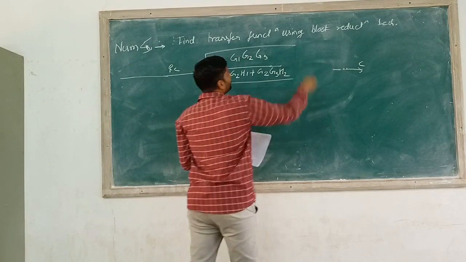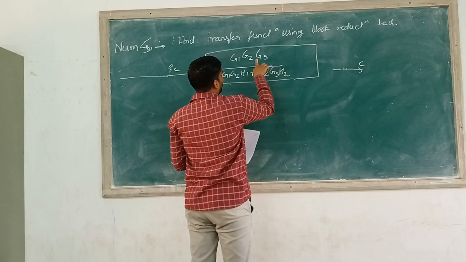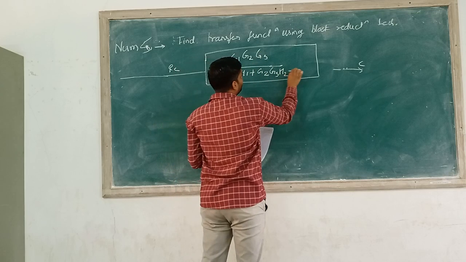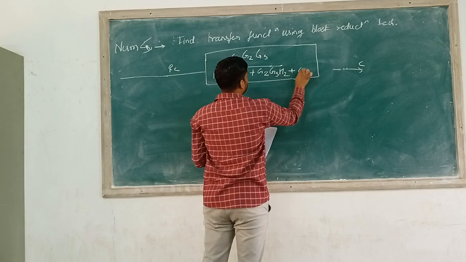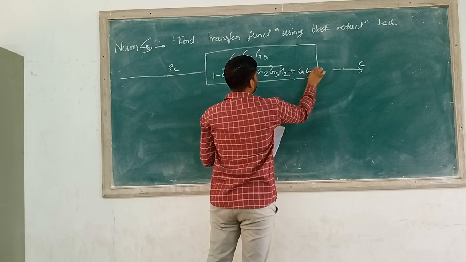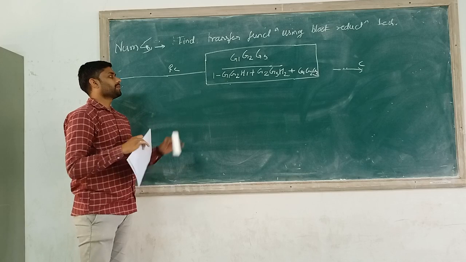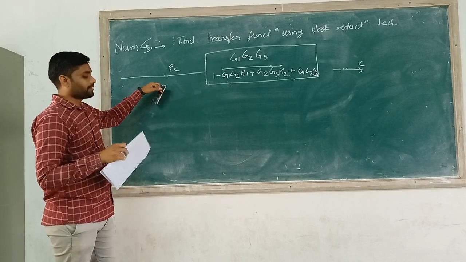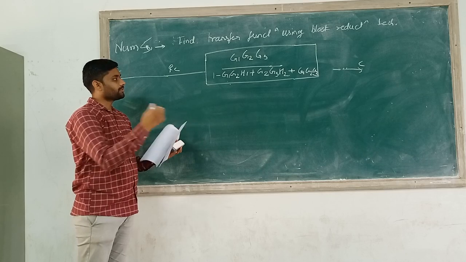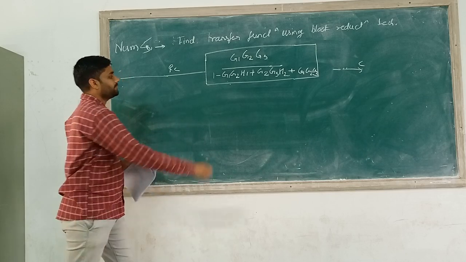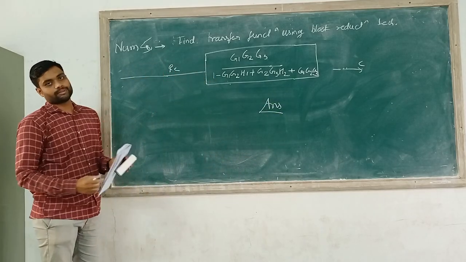Whenever you are having a unit feedback loop, at that time just add this numerator here. We only need to add this numerator here. When this feedback is negative, then add plus, and when this feedback is positive, then use sign minus. And this is the answer of this numerical.